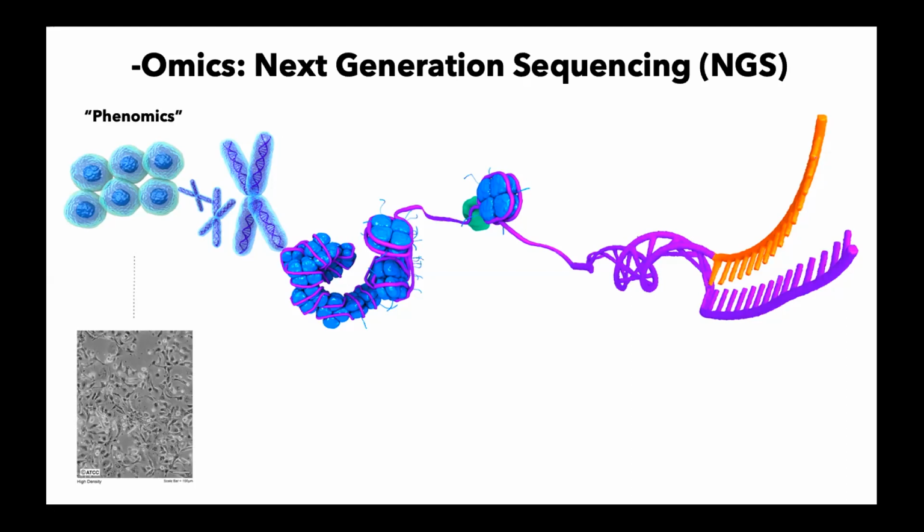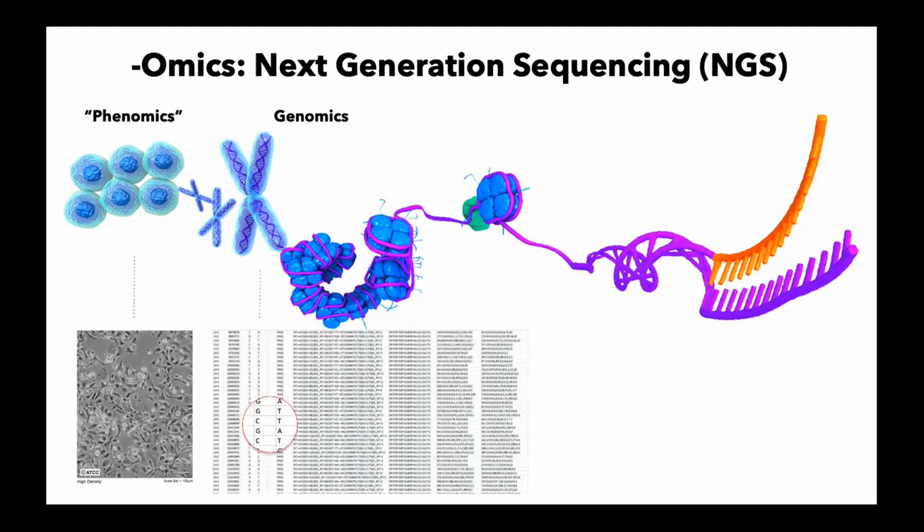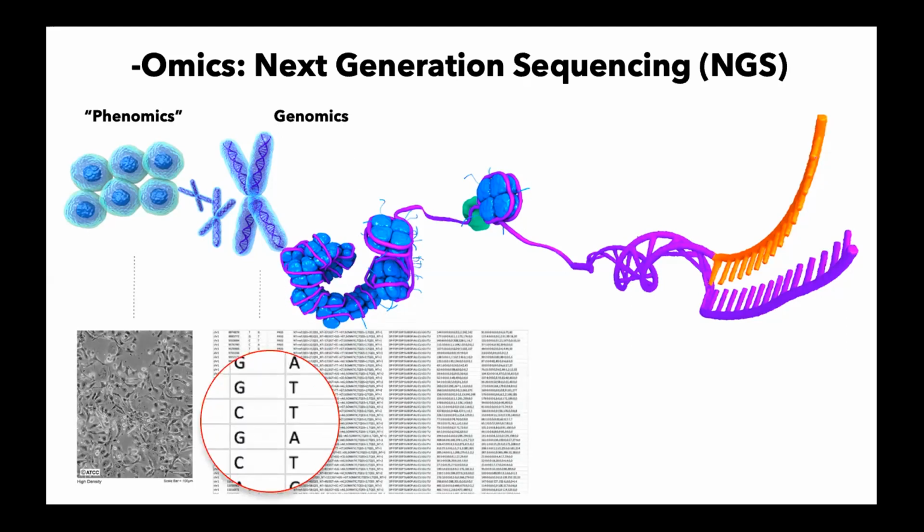Phenomics is a domain where we are understanding the phenotype. Genomics is the domain where we are looking at the genes, at the sequences, at the individual nucleotides, and we are comparing those data, looking for mutations and variations.